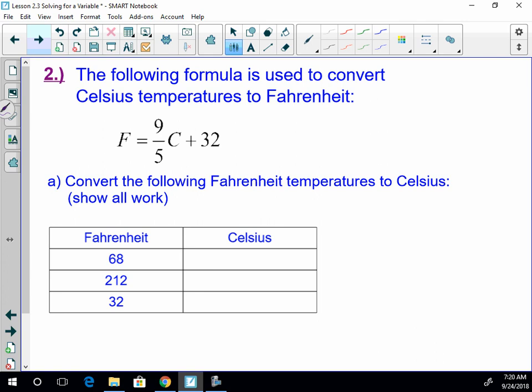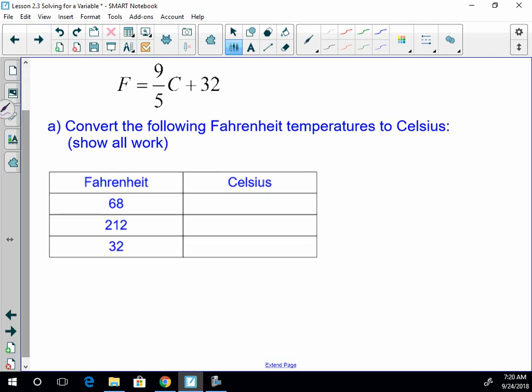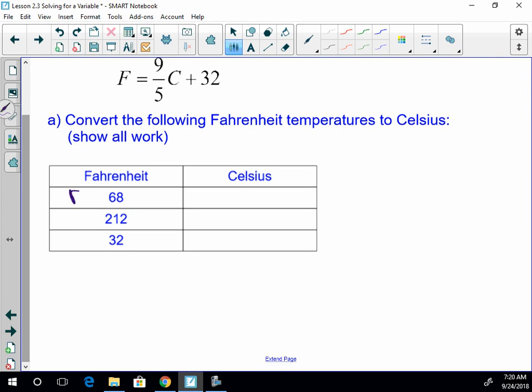And if we convert all of these temperatures, I can have you do this now. So go ahead and pause the video. What we're doing is saying, all right, F is equal to 68, and I want to know what the Celsius temperature is. So we're going to take 68 and substitute that in here, and we'll have an equation that looks like 68 is equal to 9/5 C plus 32.